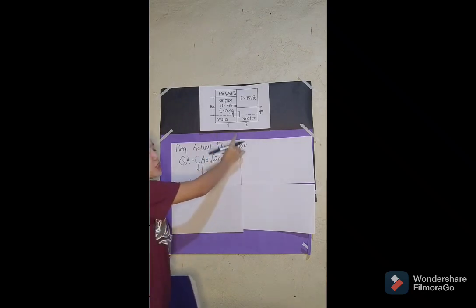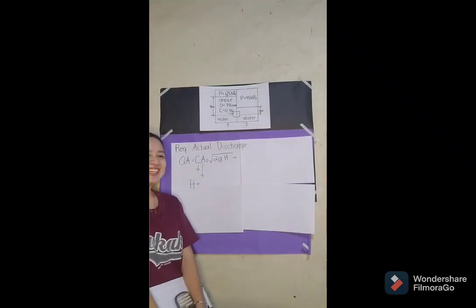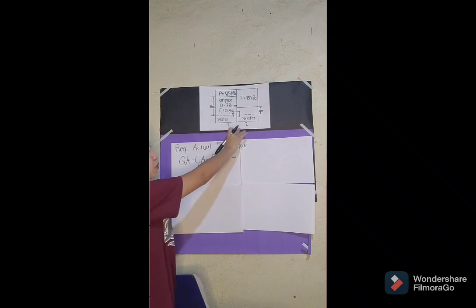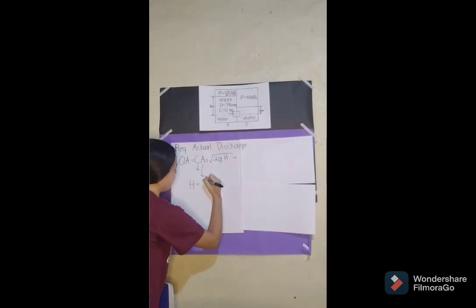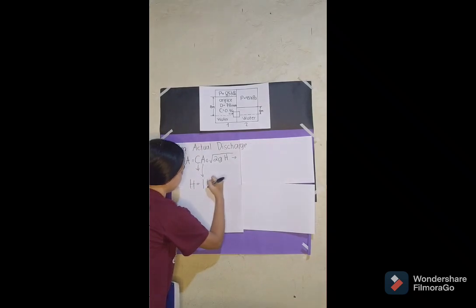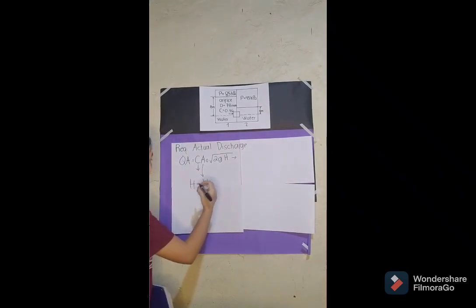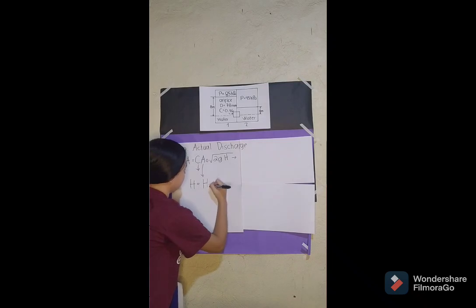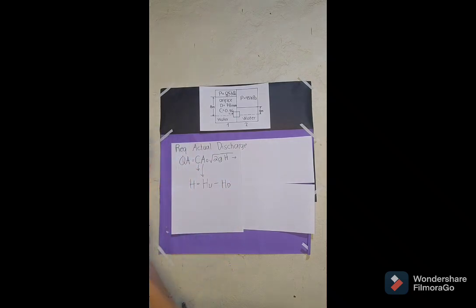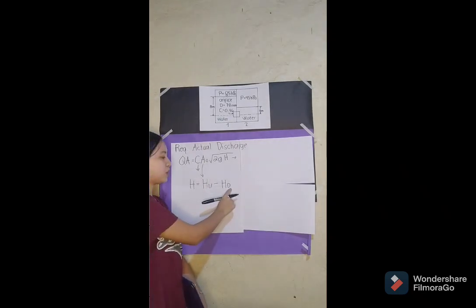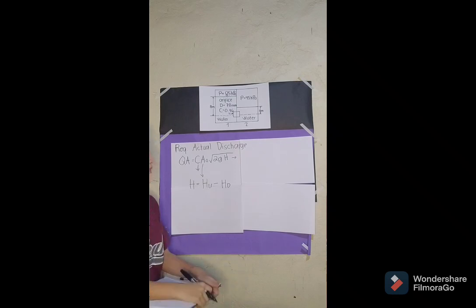Since we have two chambers here, chamber 1 and chamber 2, we will subtract H_U minus H_D, the head of water from the upstream reservoir minus the head of water from the downstream reservoir.